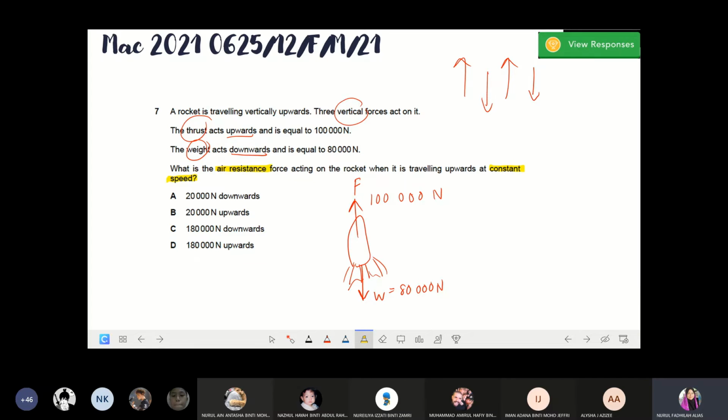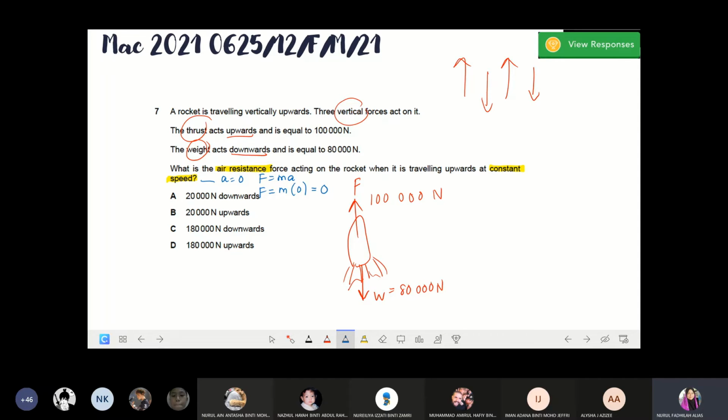What do you know about constant speed, students? No acceleration. Yes, very good. Okay, when we say constant speed, means acceleration equals to 0. So, and then tadi kita dah tengok F equals to ma. So when a is 0, whatever the m is times with 0, so what is the force? 0.